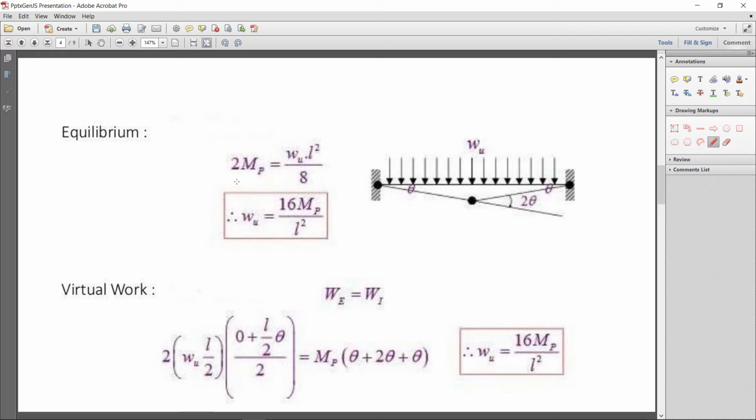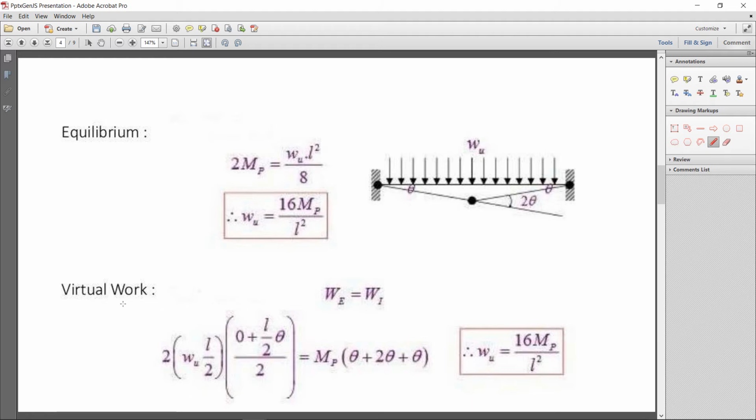That's why 2 Mp is equal to omega L square by 8. So take 8 to the other side, divide by L square, you will get the collapse load, that is 16 Mp over L square.